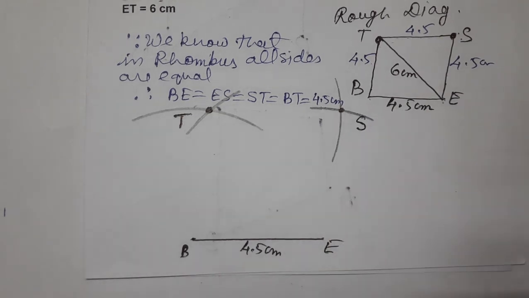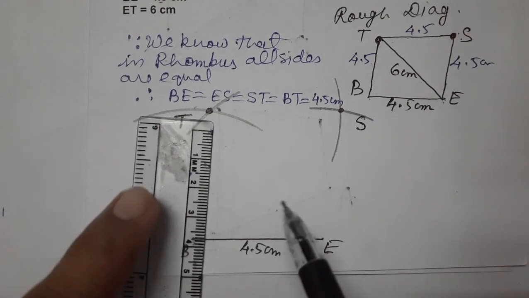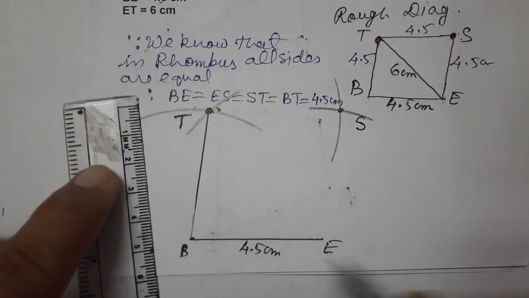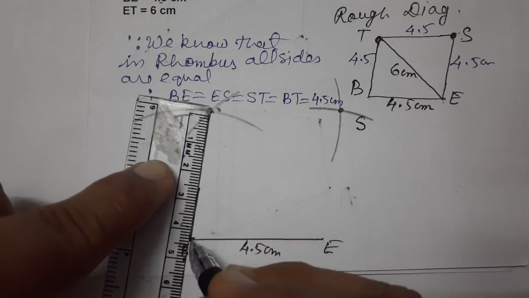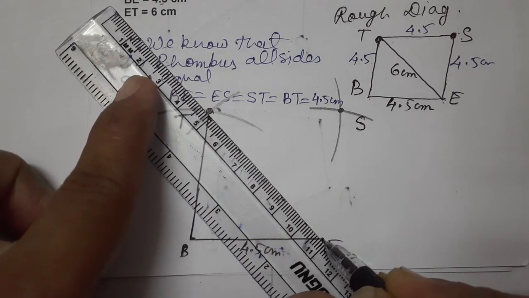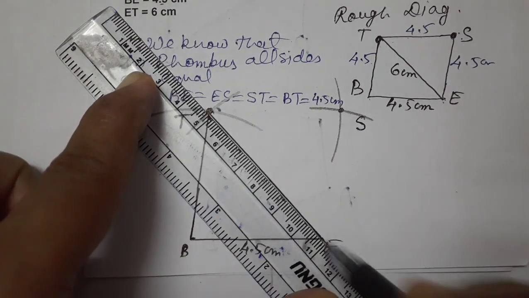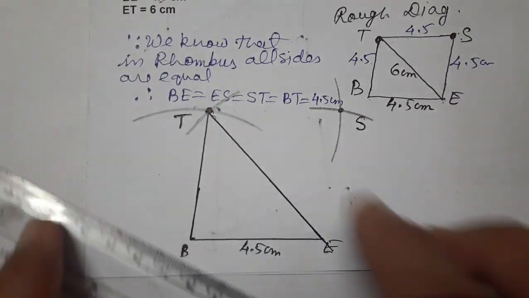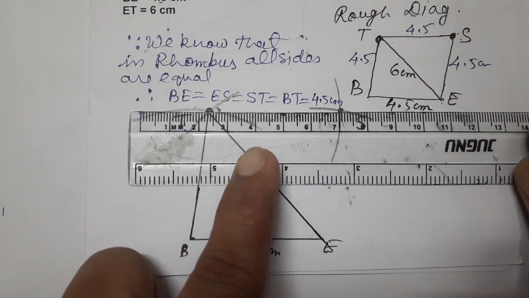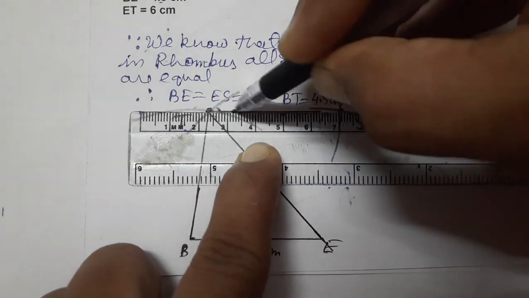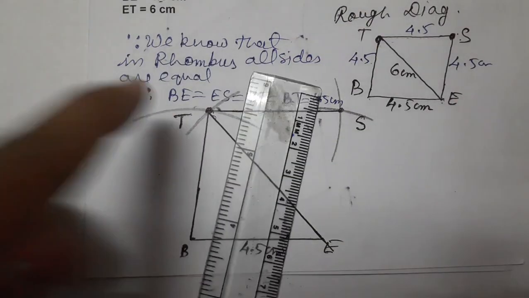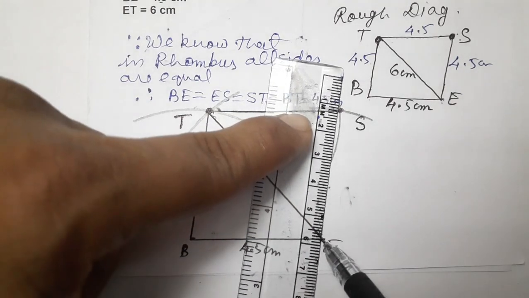Now you join all. First BT, then ET, then join ES, and last one is TS we join.